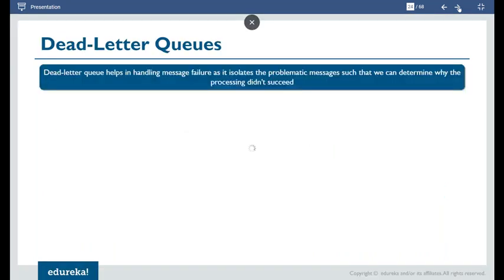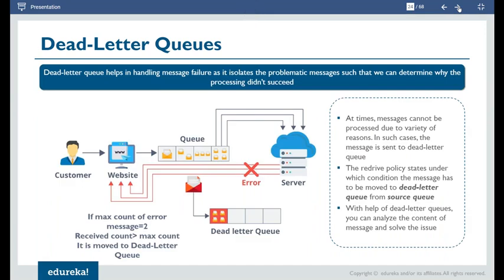So if there are certain messages which cannot be processed because of some errors, those kind of messages are put up in a separate queue, and that is called a dead letter queue.